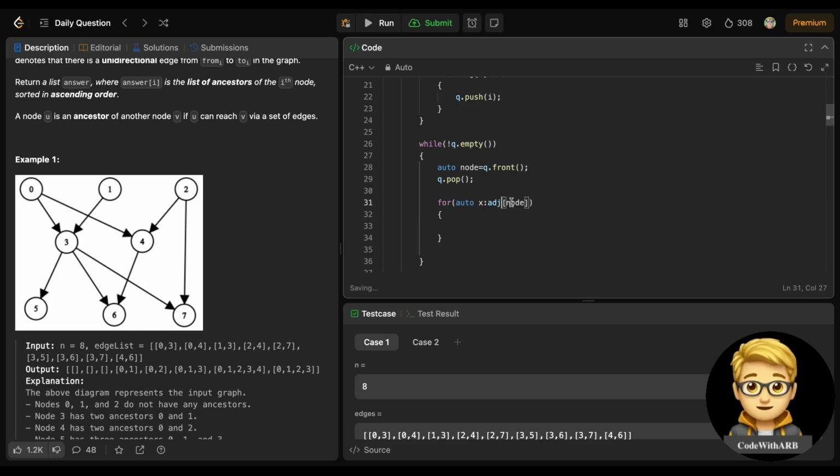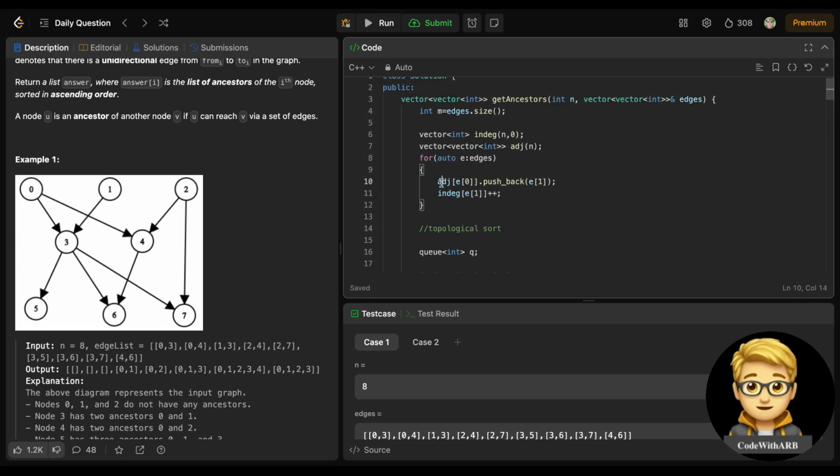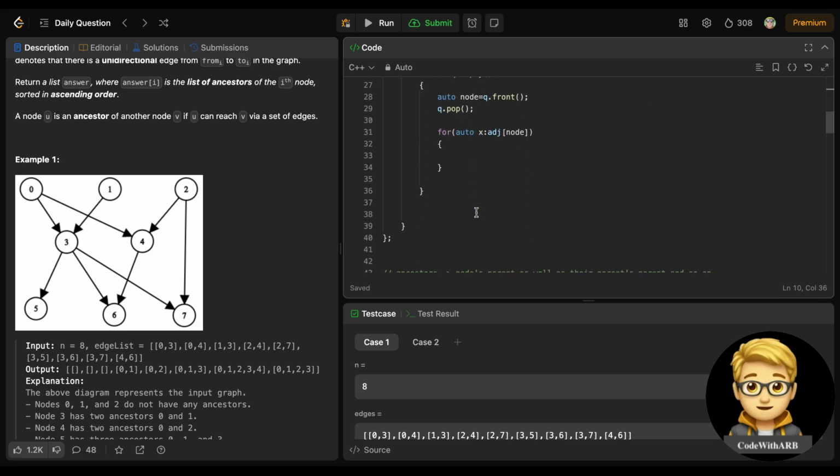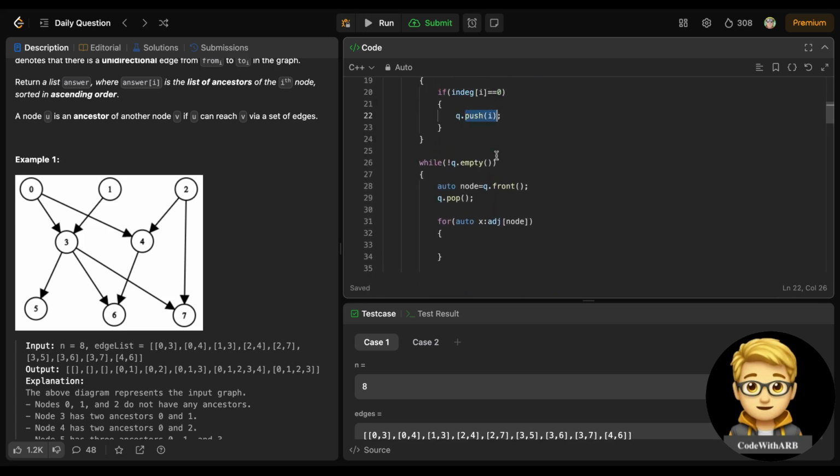This adjacency list has a node which has children. We have done this because this is the source and this is the destination, so the node on the adjacency list must have this child. We will look at this child.